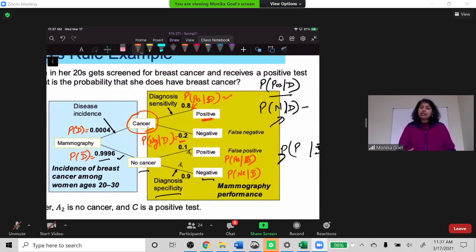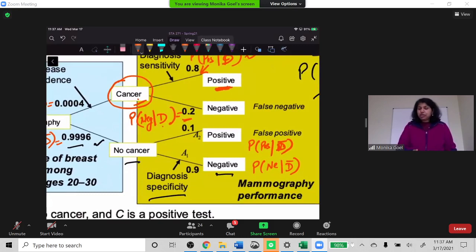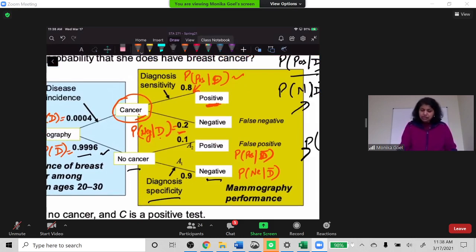And now if I need to look at what is the probability of the test coming out positive, I need to go back to my tree diagram and see in how many cases the test is coming out to be positive. The test is coming out to be positive here and here.